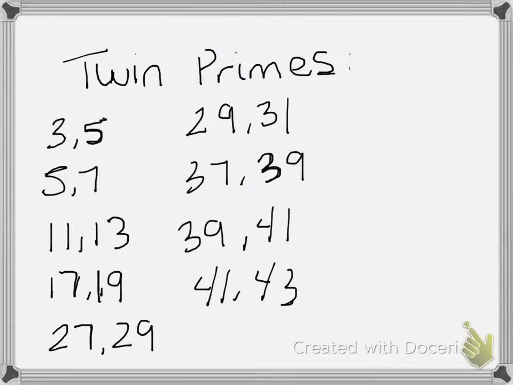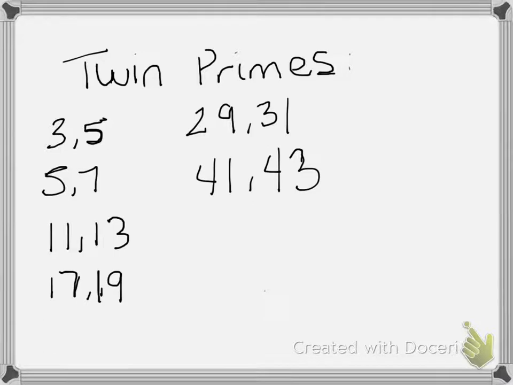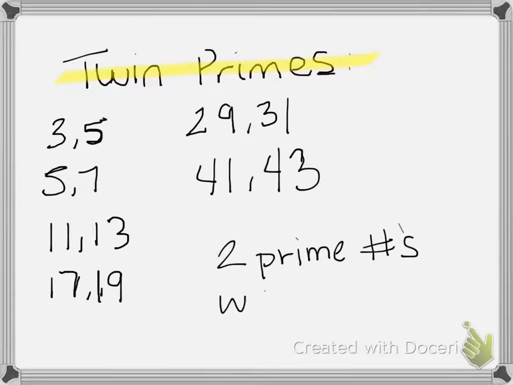So then the final term we're going to talk about tonight is called twin primes. Now, twin primes are 2 prime numbers whose difference is 2.